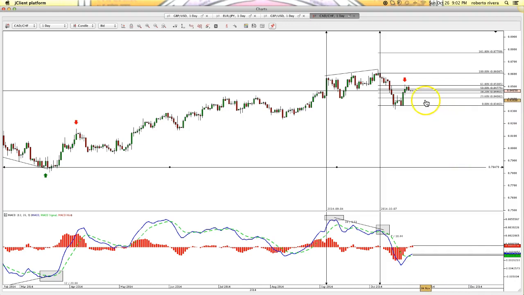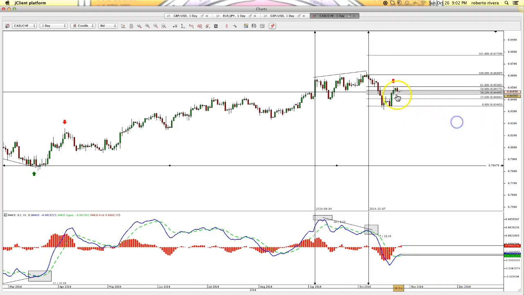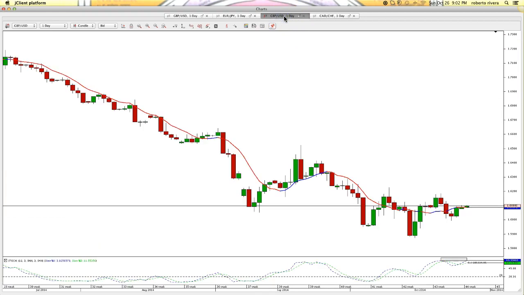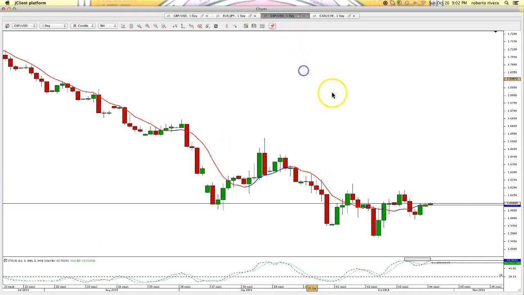I have a first target right at 84. If it breaks that, I'm just going to take a small position out and stay in, maybe take half a position out, because the next stop loss is around this level of support. Actually, it's 83.46.